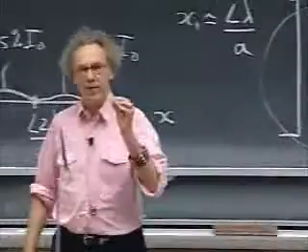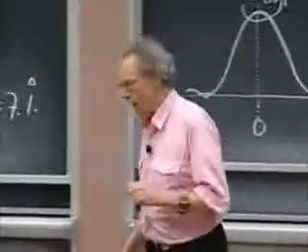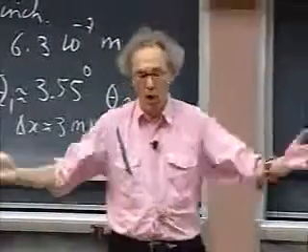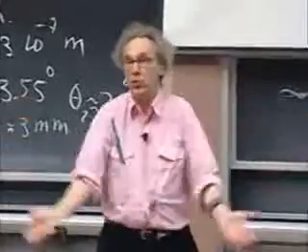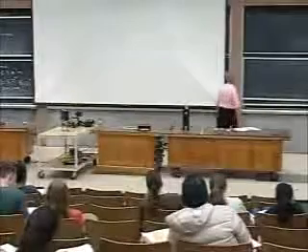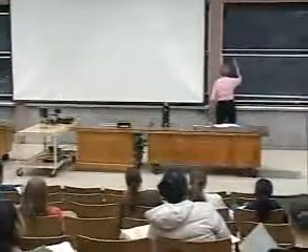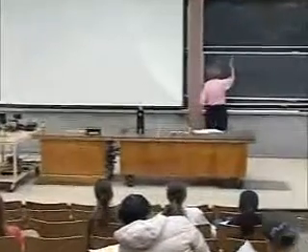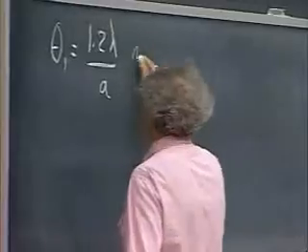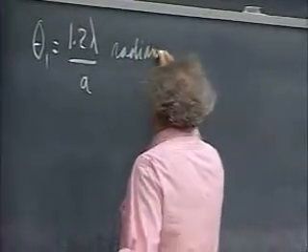It doesn't matter whether you have a pinhole, or a circular lens such as we use with telescopes, or concave mirrors, which we also use with telescopes. In all cases you are stuck with the idea that the best you can ever do is that angular separation, theta 1, equal to 1.2 lambda divided by A, in radians.